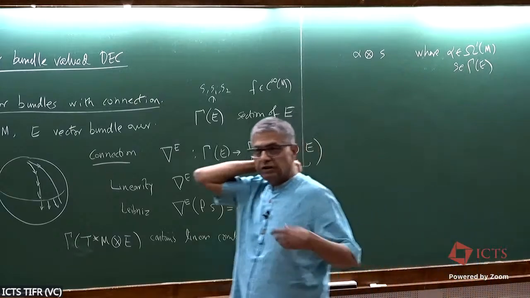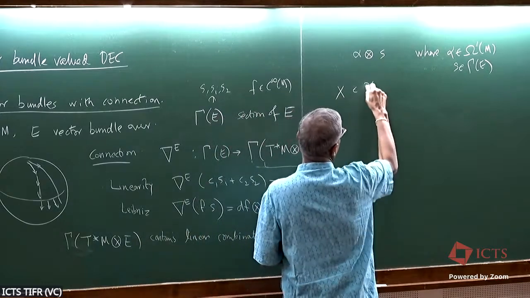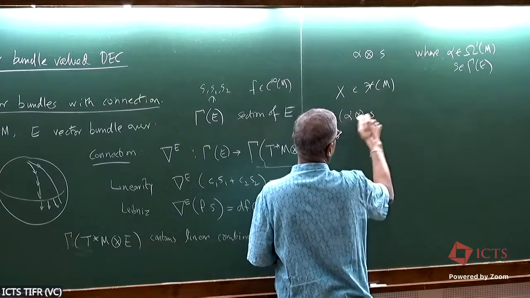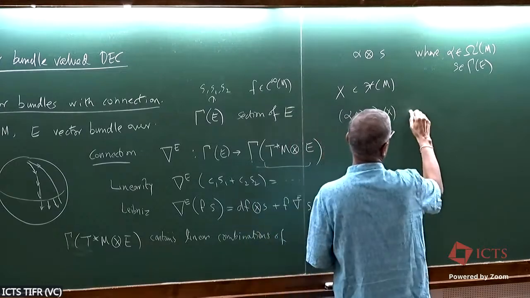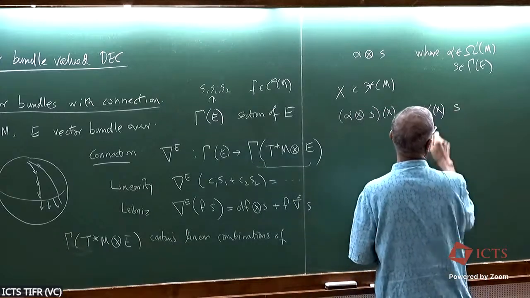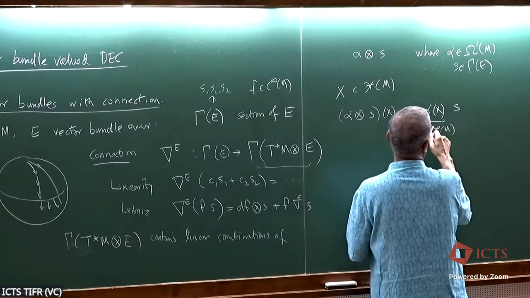So if X is a vector field, and you give this one form this vector field, alpha consumes that and you get a function, so this becomes a function, and you get a section.